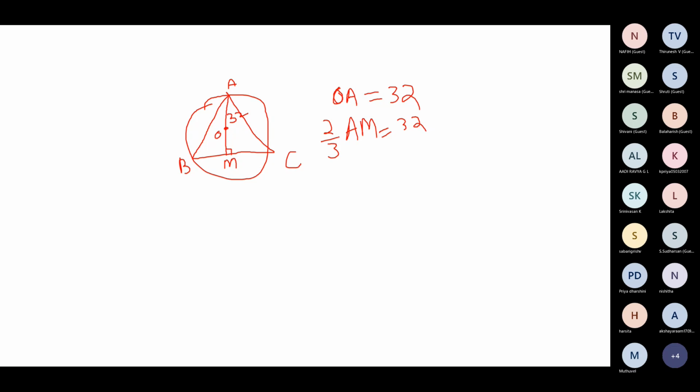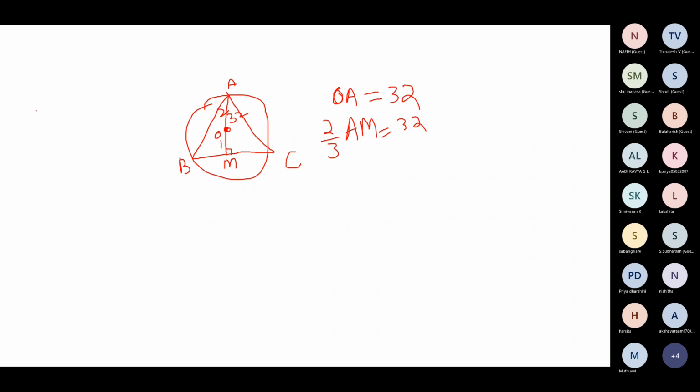We are writing OA in terms of AM, the median or the altitude. We are writing the radius in terms of the altitude. The centroid divides the median in the ratio 2:1. So OA is 2 parts and this is 1 part, totally 3. So OA is 2/3 of AM.